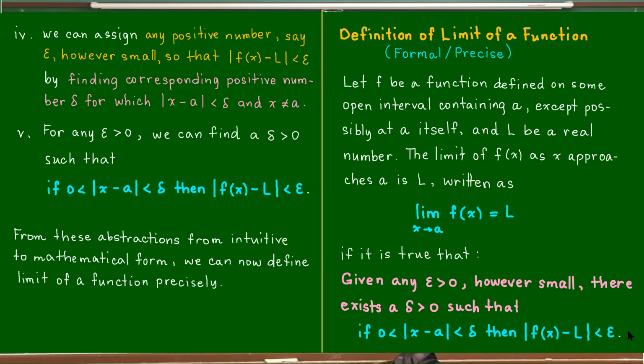Okay, guys? So that is now the formal definition of the limit of a function. From intuitive, we now came up with this definition. Final question, guys? If none, we can continue.